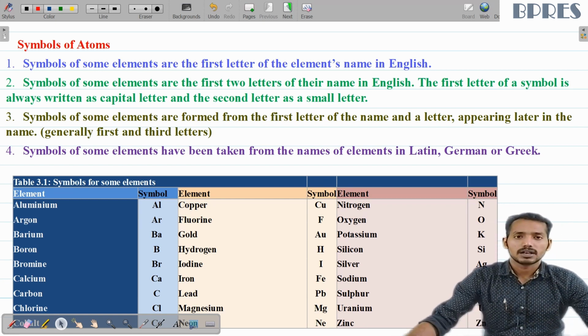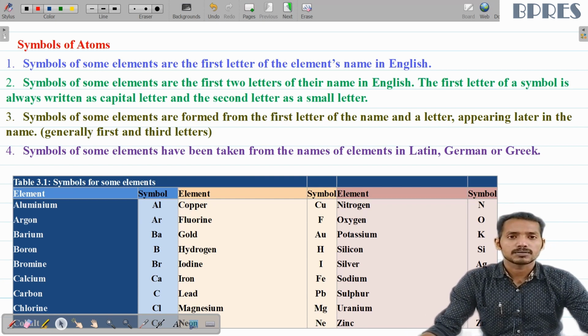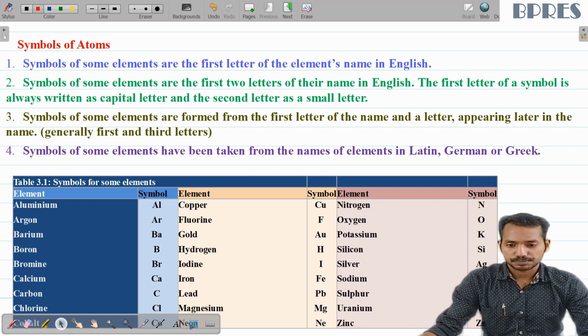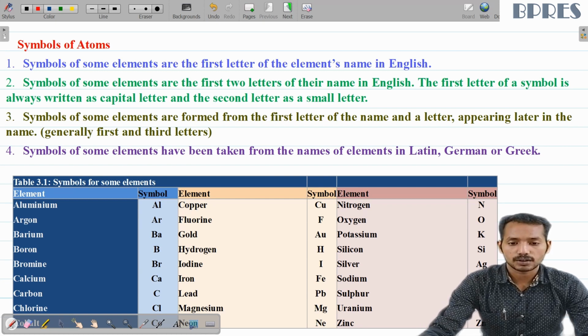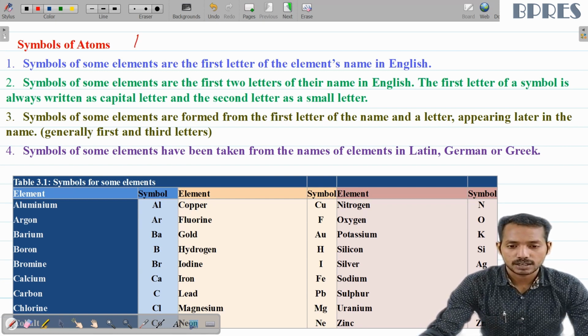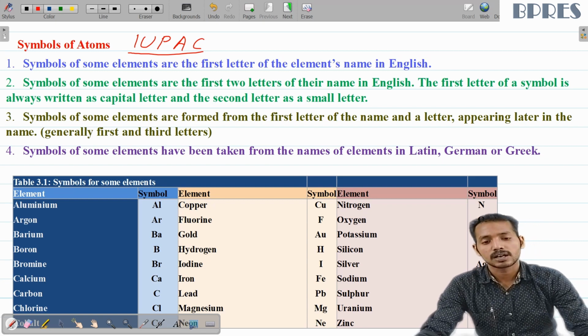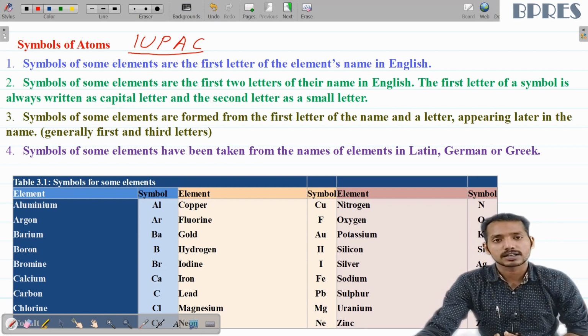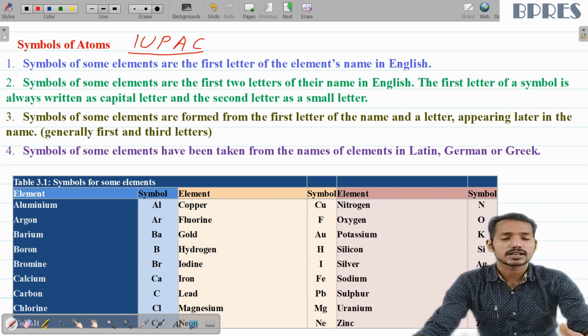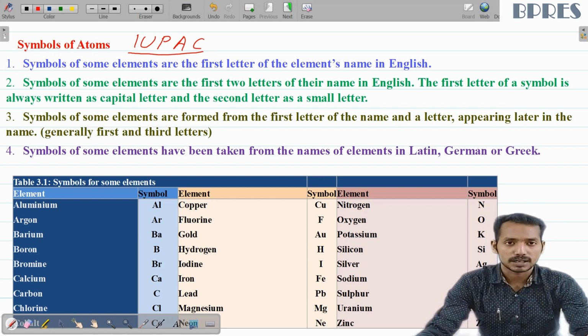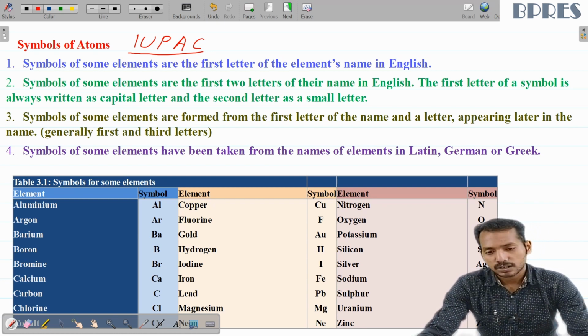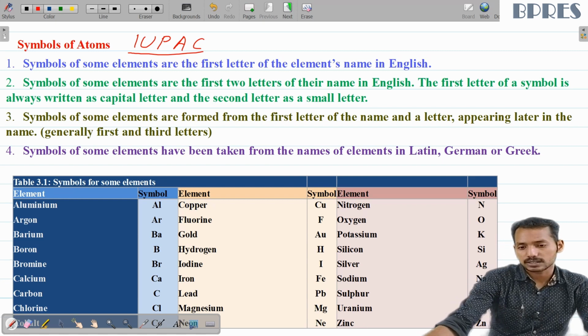If they discover a new element, it will be a problem. So IUPAC, the International Union of Pure and Applied Chemistry, is one international union. They set up certain rules to provide names as well as symbols for each element. Some of those we are going to discuss, not all of them.